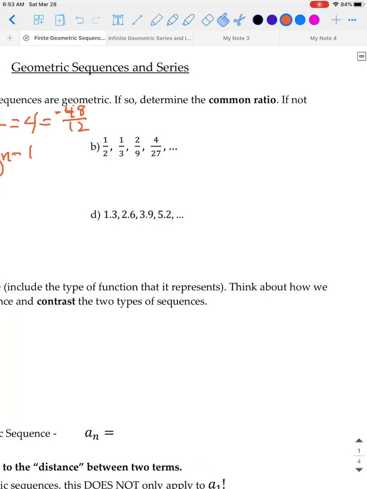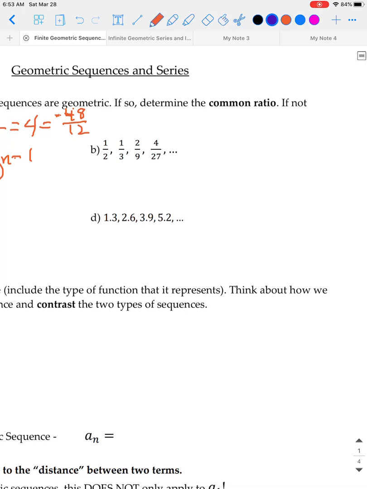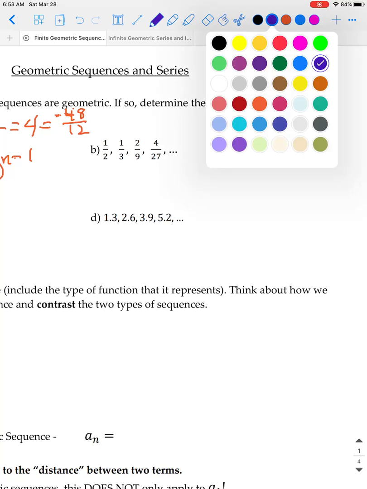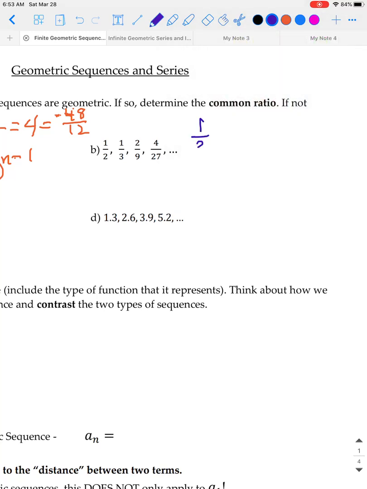Second example, a little bit trickier. So I've got 1/2, 1/3, 2/9, 4/27. So I could look at my common ratios again. If we take 1/3 over 1/2, multiplying by the reciprocal, we'll get 2/3.